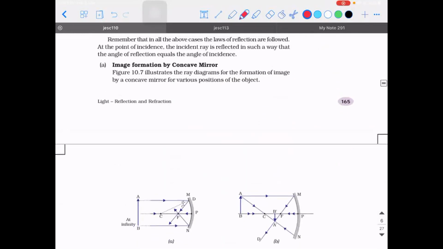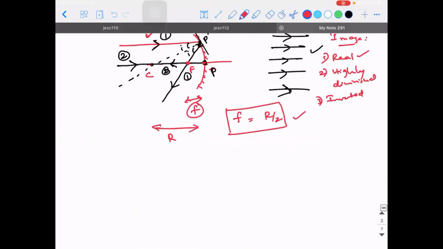Now, keeping all these points in mind, if I have to draw the ray diagram for a concave mirror, how are we going to do it? So how many ray diagrams do you have, guys? 6. For concave, you have 6, and for convex, you have only 2. So totally, there are 8 ray diagrams. So this is the pole, focus, the center of curvature.